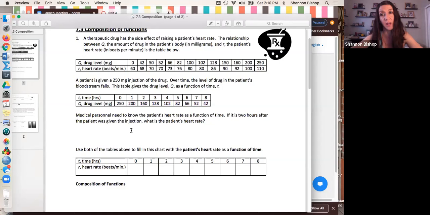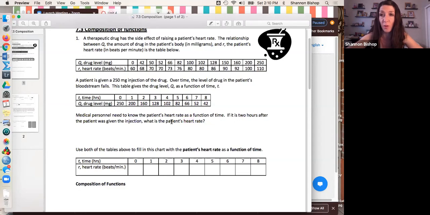So to help kind of preface what this is going to look like, check out this question. The medical personnel need to know that patient's heart rate as a function of time. So if it's been exactly 2 hours after that patient was given their injection, then what's their heart rate at that moment? How could we figure that out?